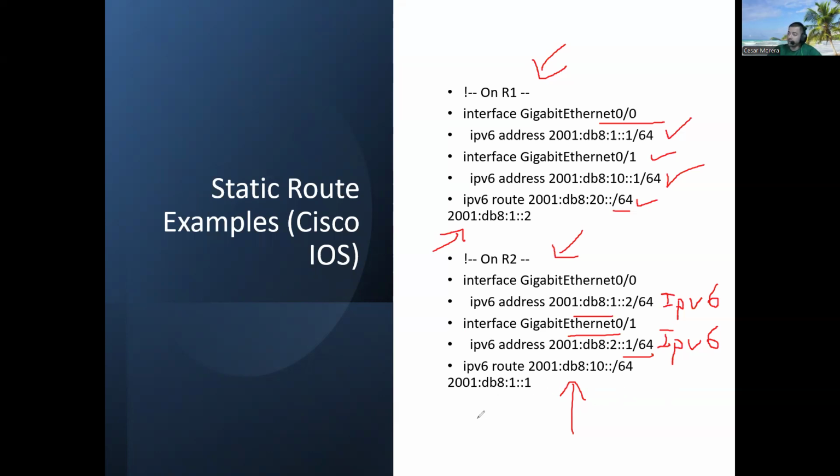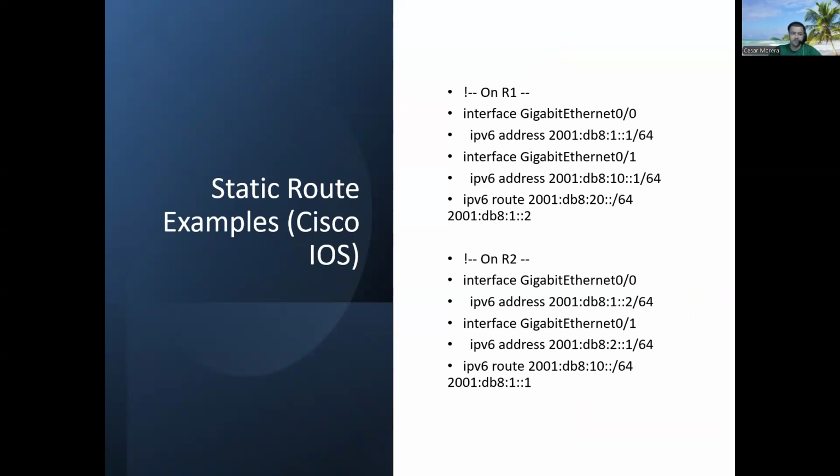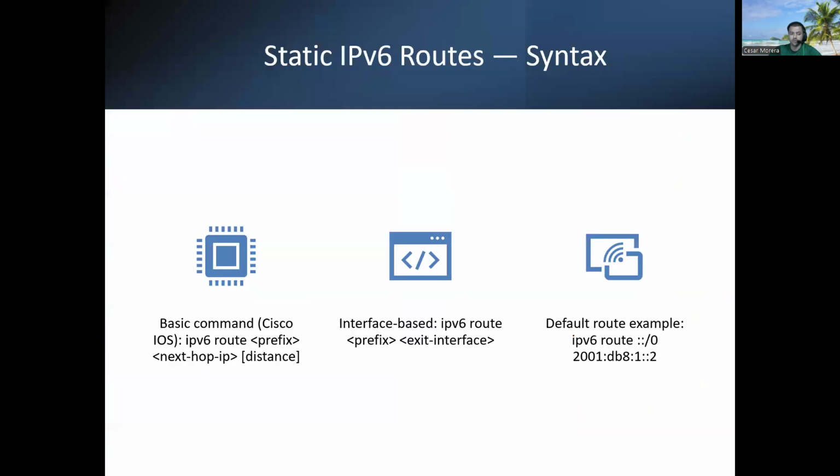Remember, we can configure a default route with the ::/0 option with the next hop IP address, and do you guys remember the last one? With the exit interface. So let's return to the previous slide so you can remember those.